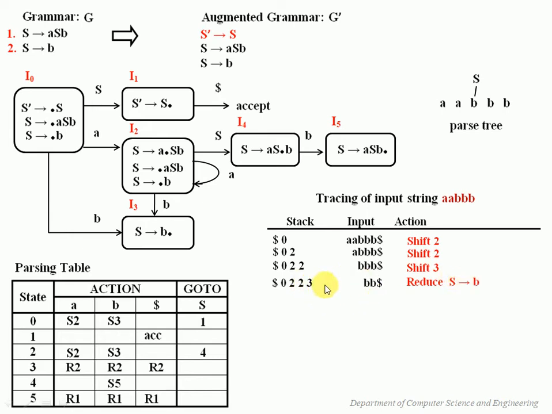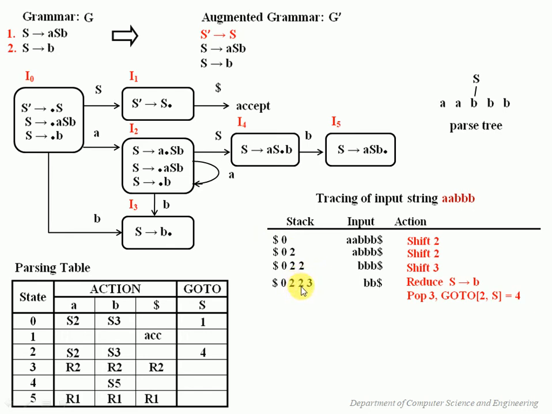So popping of states happens whenever you do a reduction operation. How many pops have to be done? That depends on the length of the right hand side of the production that you use for reduction. Here it is 1, so 1 state has to be popped off, that is 3, and once 3 is popped, the new top will be 2.